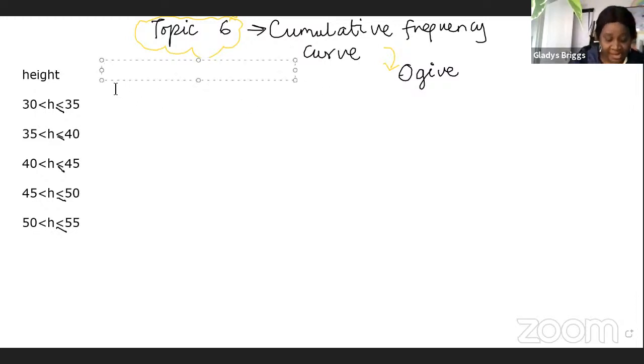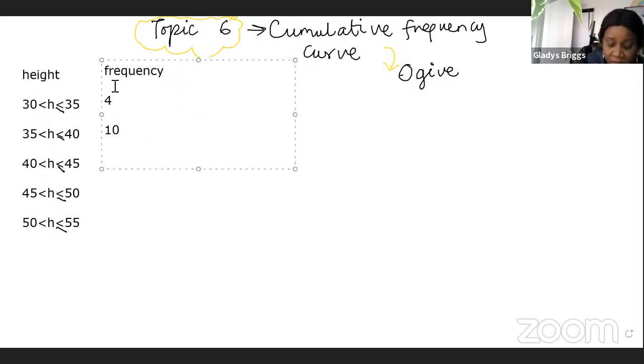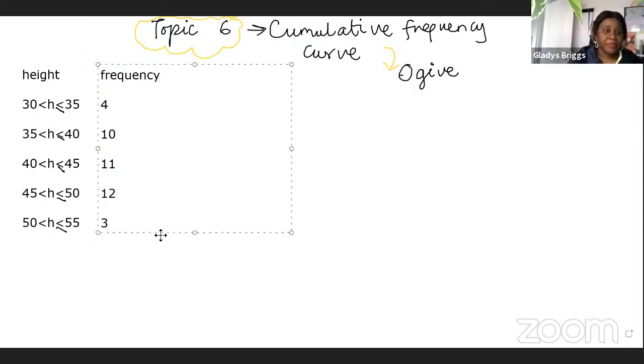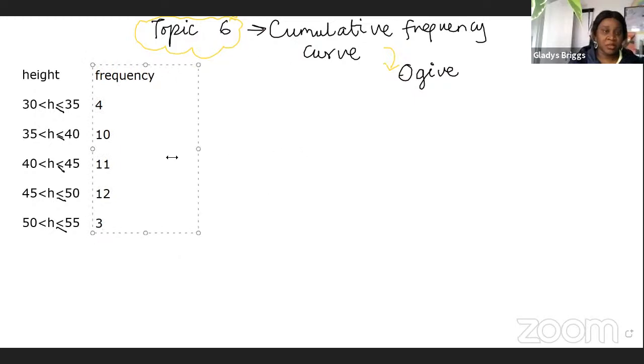Okay, and the frequencies are: for the first one we got 4, then we got 10, then 11, 12, and 3. Yep. So that's the information that we're going to be working with. So make sure that you get it all down in your books. That's the table.